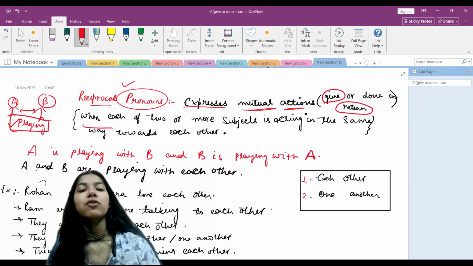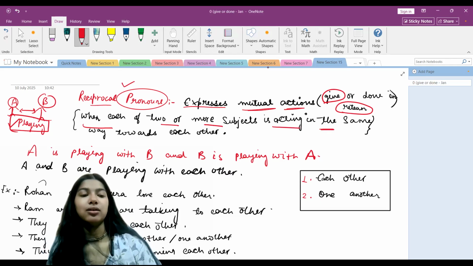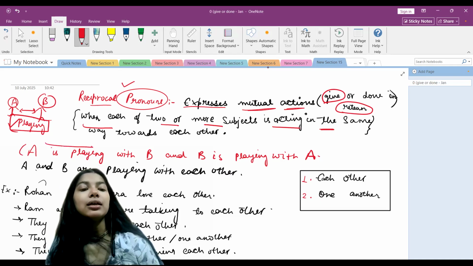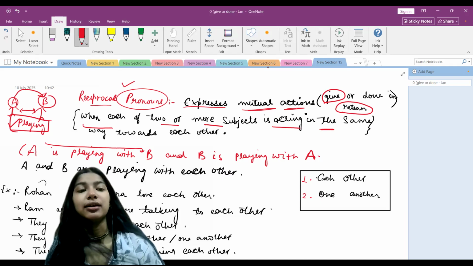Okay, when each of two or more subjects is acting in the same way. Let's take one example. A is playing with B. When A is playing with B, it is not a single-handed thing, right?